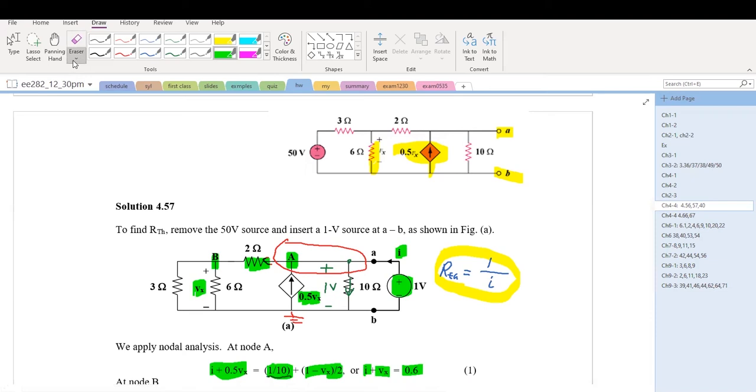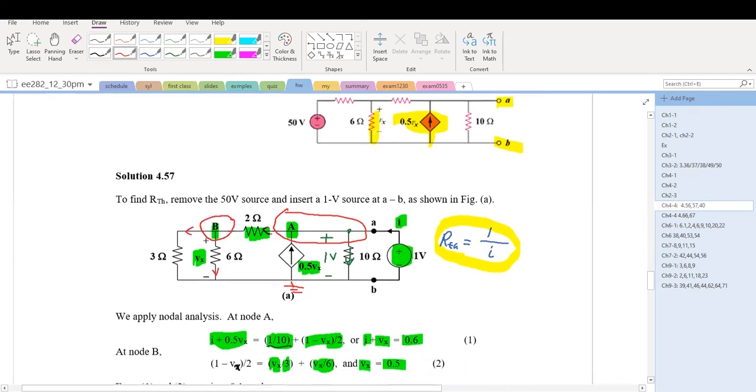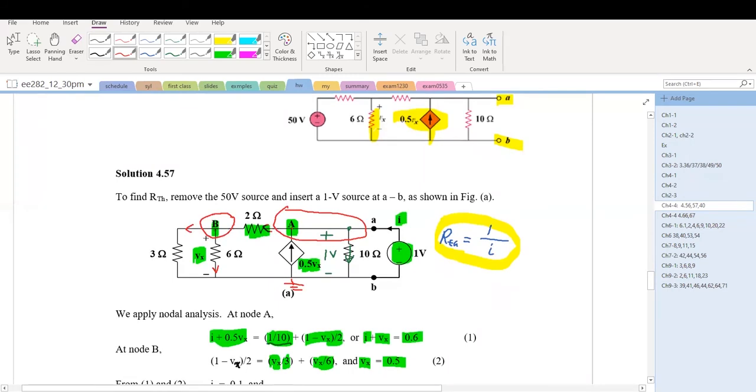Now let's look at node B. Current flow into equals current flow out of. So current flow into node B from this branch is 1 minus Vx divided by 2 ohm.